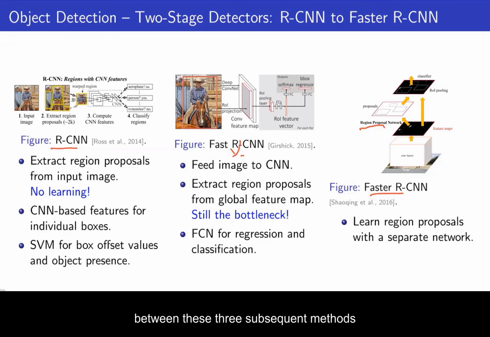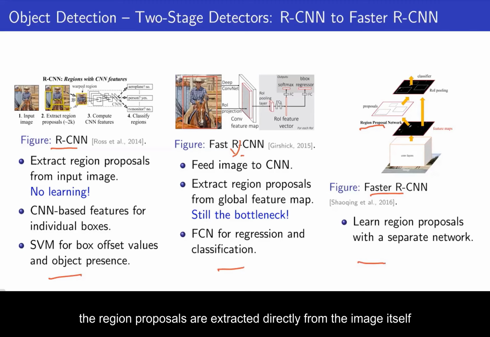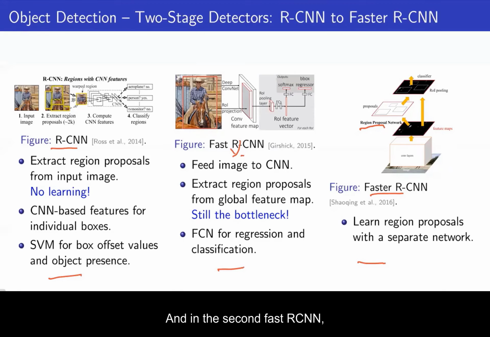So here you can basically see the difference between these 3 subsequent methods. And I would say that the main difference is how the region proposals are extracted. In the first RCNN method, the region proposals are extracted directly from the image itself, and there is no learning in this.